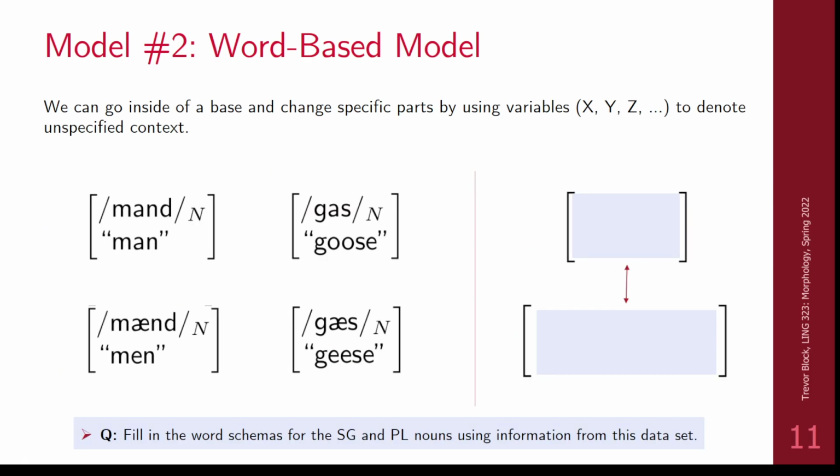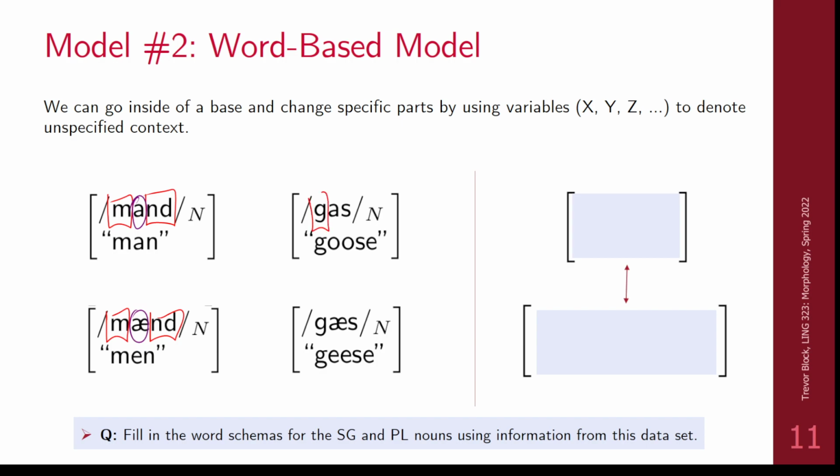So here's the German example. Now, if we take a look, Mond and Mand, Gas and Gas, the M in each of these and the ND in each of these is the same. It's the vowel that's changing. And it's the same with Goose and Geese, Gas and Gas.